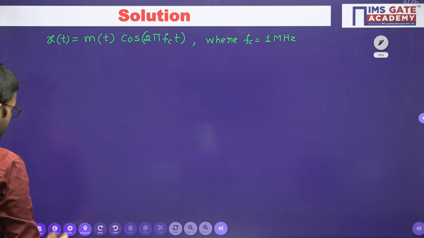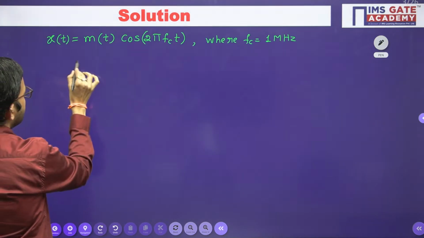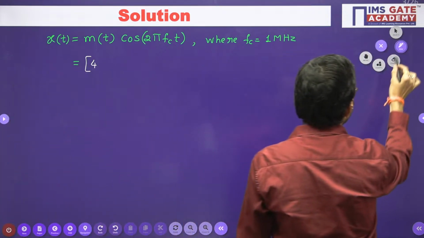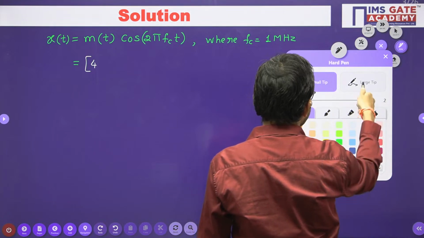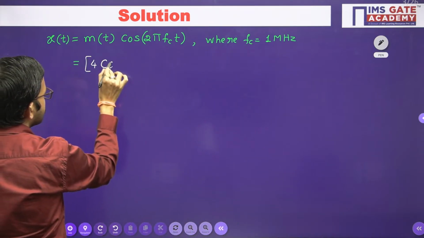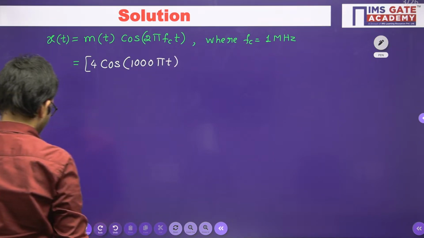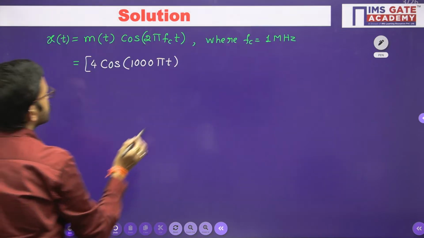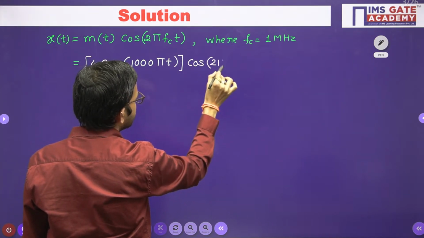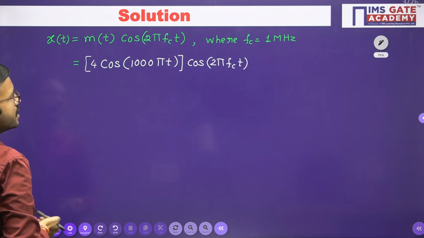And m of t is 4 cos 1000 pi t. Then write the carrier signal as it is, cos 2 pi fc t. This is your x of t signal, that is nothing but the modulated signal.